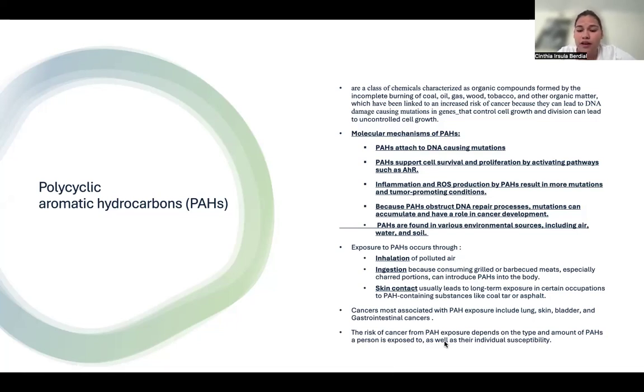Cancers most associated with PAH exposure include lung, skin, bladder, and gastrointestinal cancers. The risk of cancer from PAHs depends on the type and amount of PAH a person is exposed to, as well as their individual susceptibility.